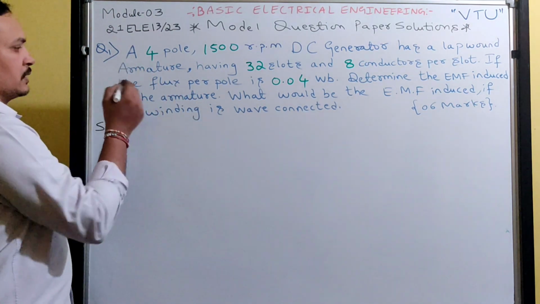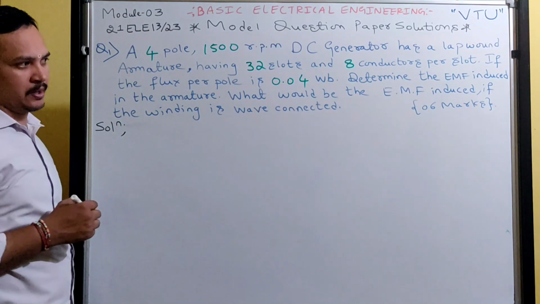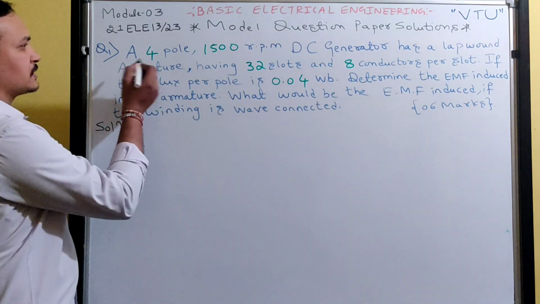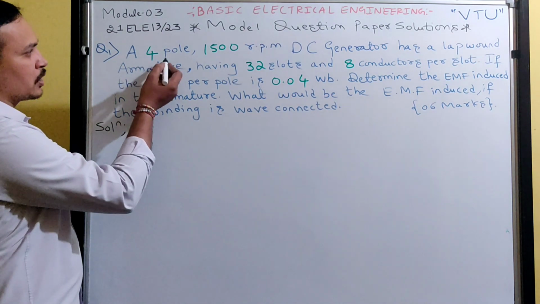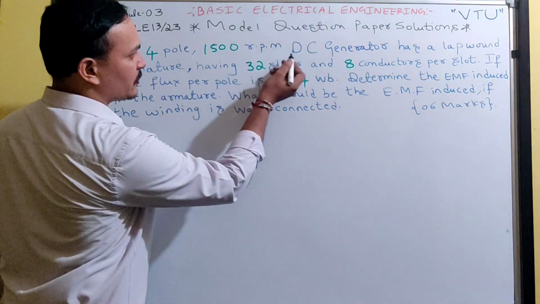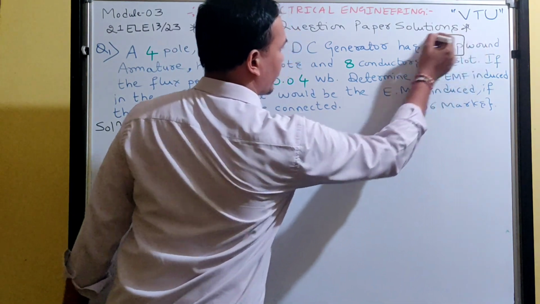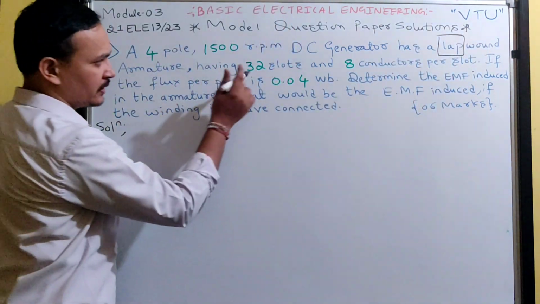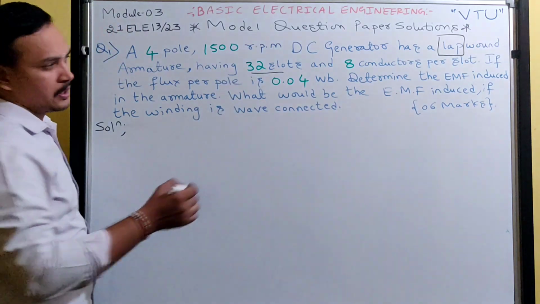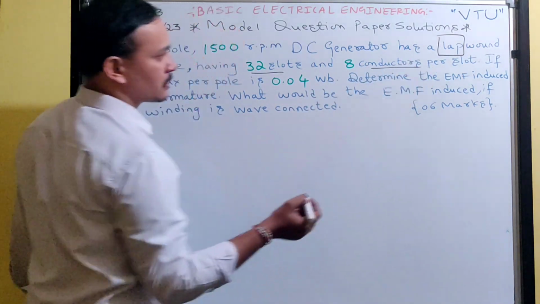It comes under module 1. This question was asked in set 1 for 6 marks. Let's read the question. A 4-pole, 1500 RPM DC generator has a lap wound armature having 32 slots and 8 conductors per slot.